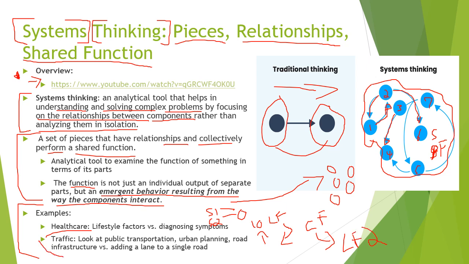And then in traffic, the example is basically you look at public transportation, planning a city, road infrastructure, etc. You look at the whole system of traffic. You have buses, you have subways, bike lanes, versus if you want to ease traffic, a lot of times cities will just add an extra lane.